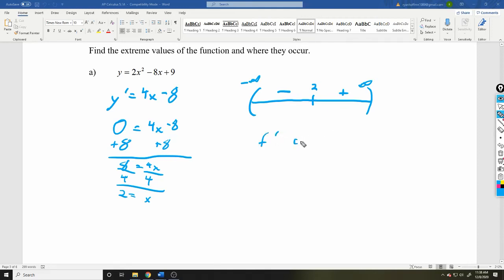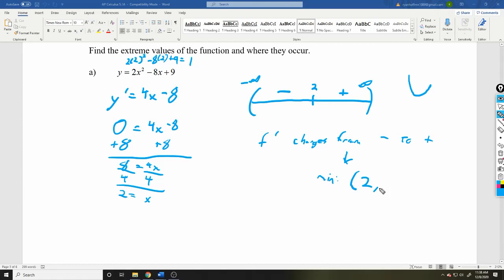So f prime changes from negative to positive. That means my slope was going down and then it was going up. That means we have to have a minimum at 2. If I plug in 2 here, that's going to be 2 times 2 squared minus 8 times 2 plus 9.